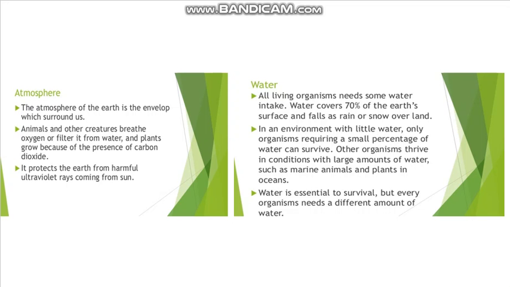Some plants and animals need less water, but some can only survive if water is present in more quantity. For example, animals in seas and rivers need plenty of water. We say these animals are marine, living in water.